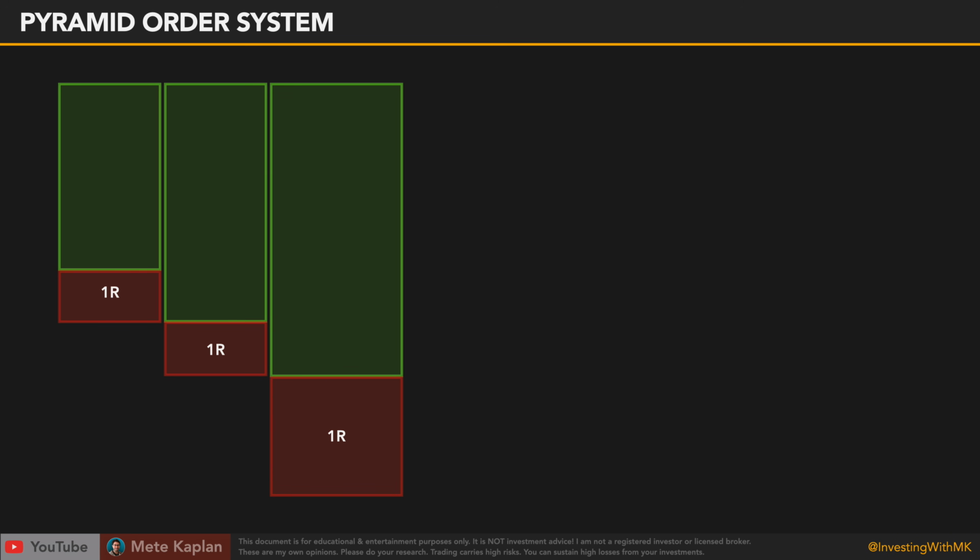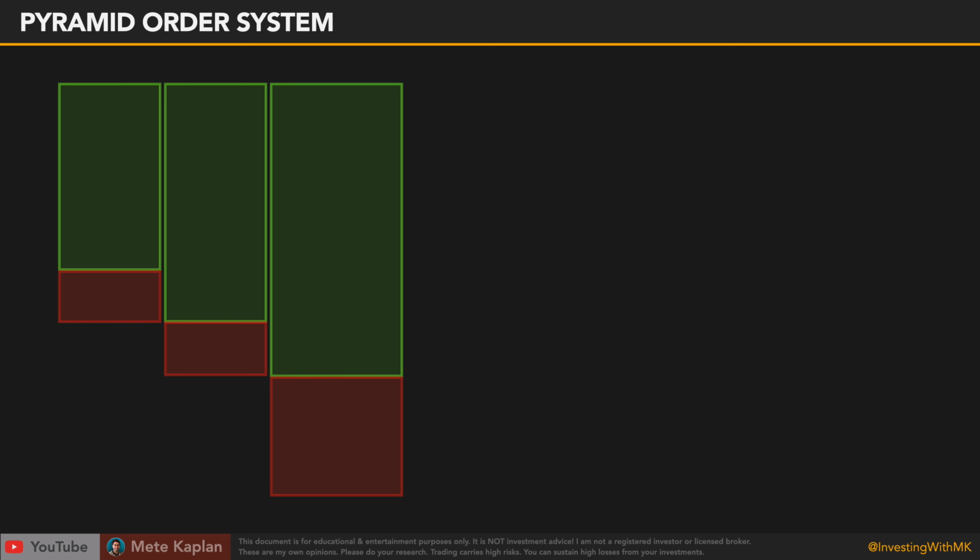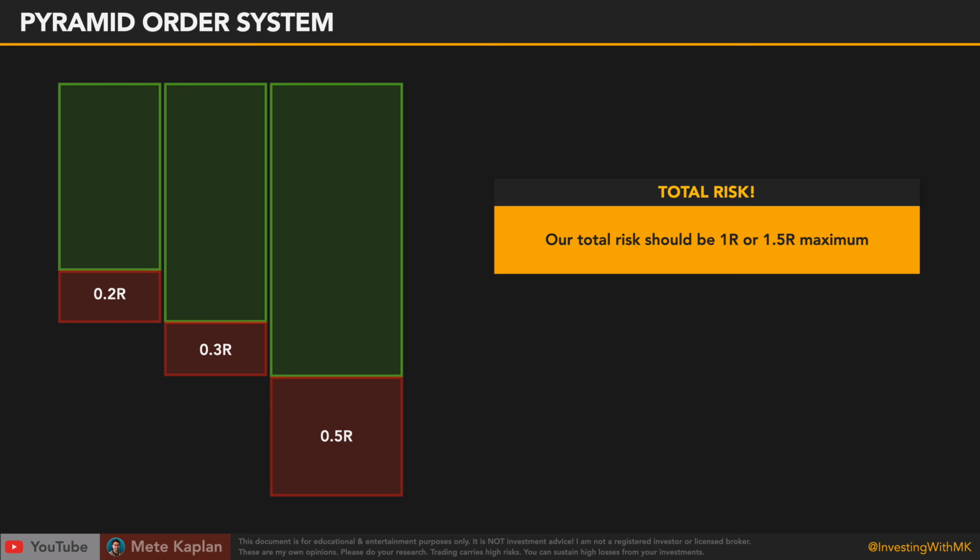Can we risk 1R for each setup? No, not at all. Our risk exposure would be extremely high, facing a 3% loss on the account in the worst case, also paying so much in fees. This is not viable. Instead, we will slowly increase our risk, and our total risk will be 1R or at maximum 1.5R, depending on your decision.